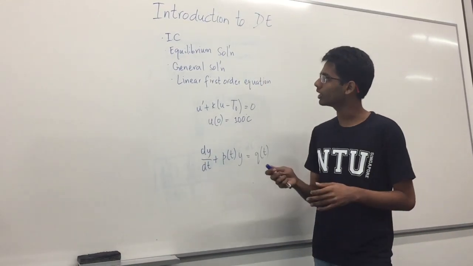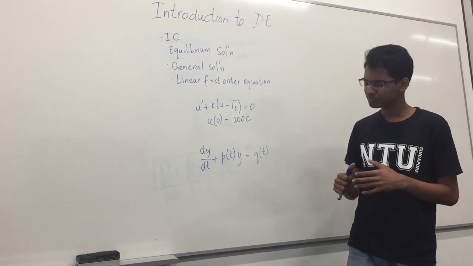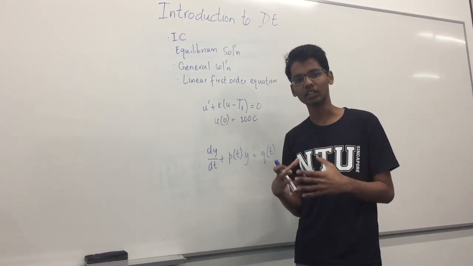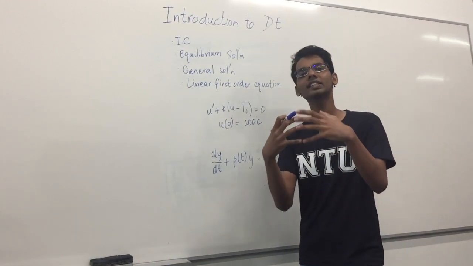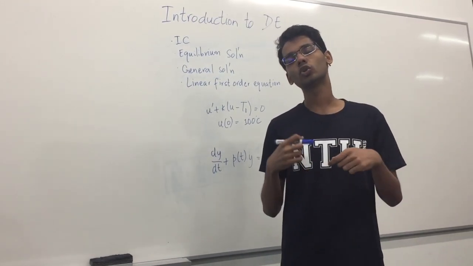But the next one is the equilibrium solution. Honestly, this all comes together. How do you find the equilibrium solution? When you say something is in equilibrium, it's just static. It's not going to move.